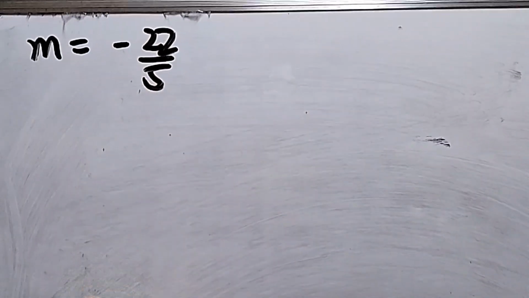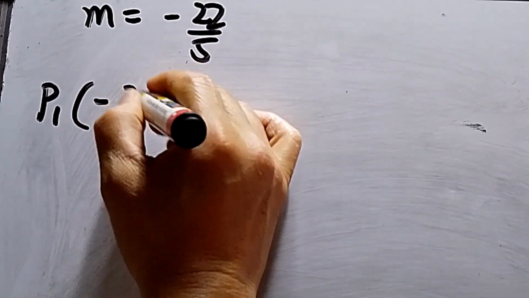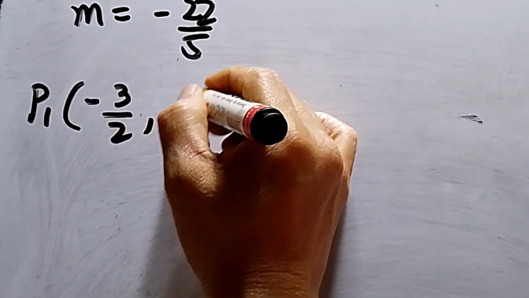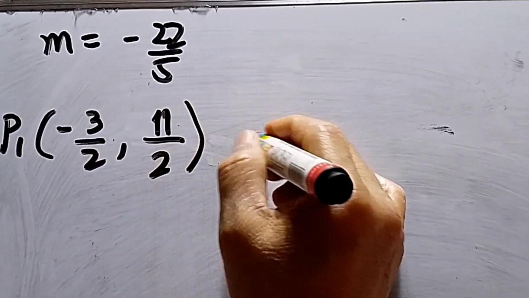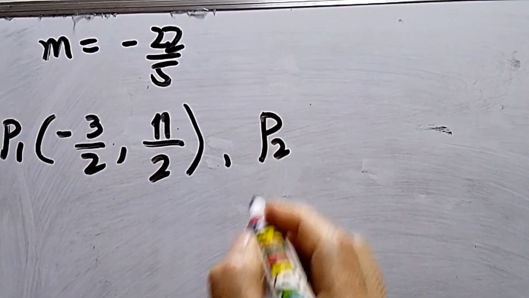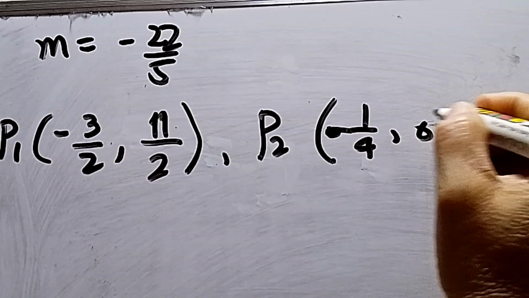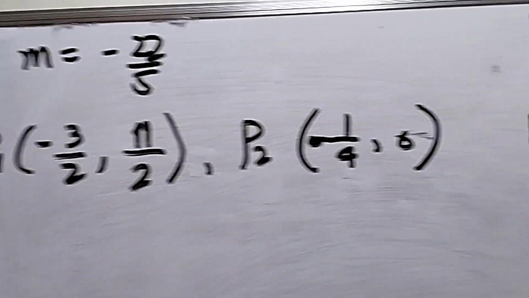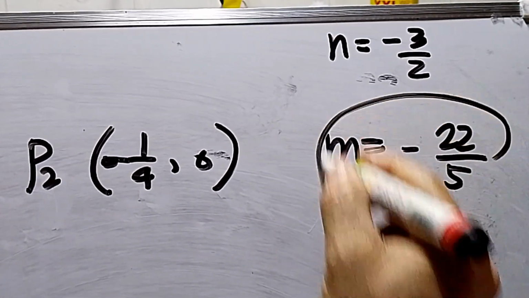So let us check if the given m is equal to negative 22 over 5. I have now my point 1: n is negative 3 over 2, then y is 11 over 2. Point 2 is at negative 1 over 4 and 0. We will check if we will come up with this slope.